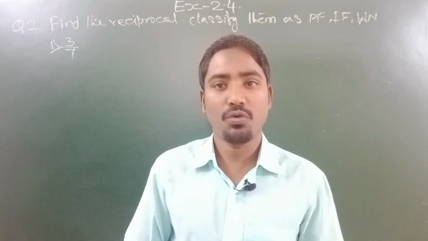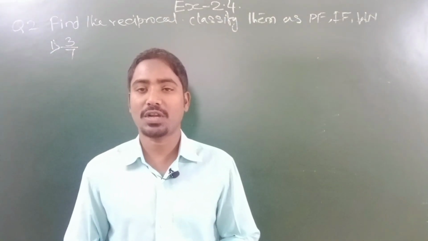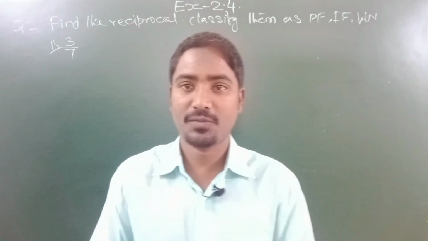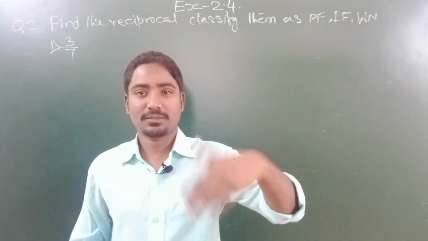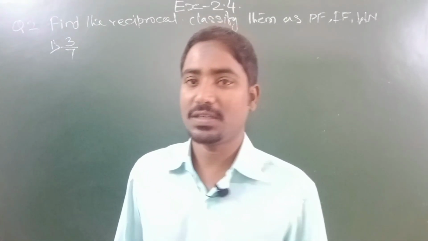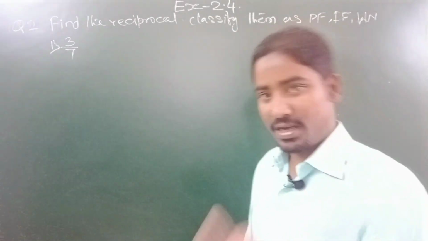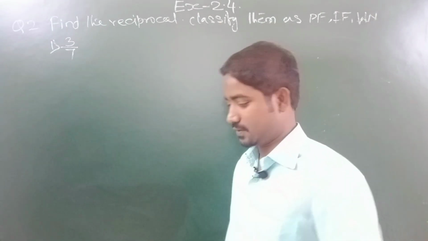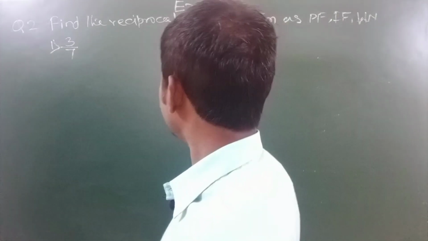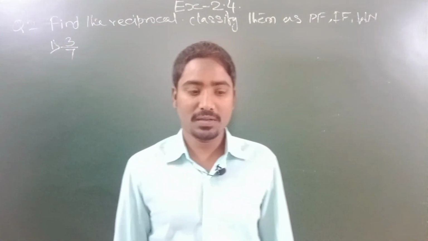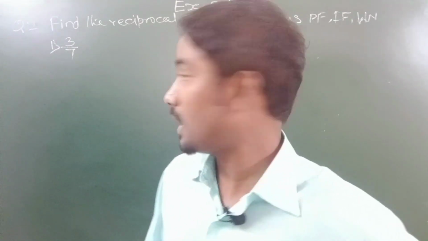I hope that you are well aware of what proper fractions, improper fractions and whole numbers are. I have already explained them in the introduction video, so I hope you have seen it. Again, I will explain here what a proper fraction and an improper fraction are. No problem. But first, let me start from the very first segment, which is 3 upon 7.